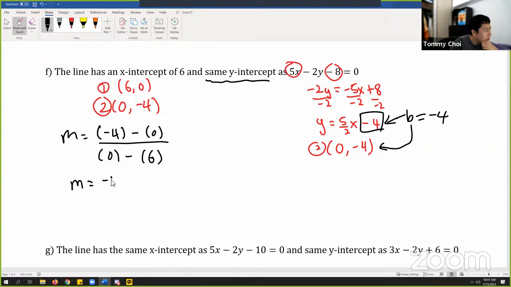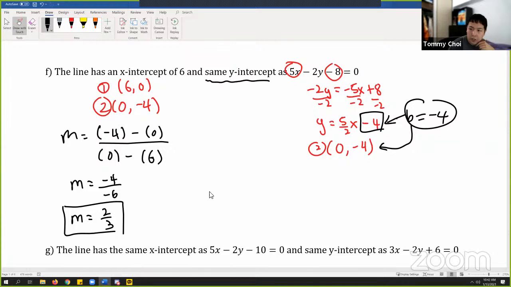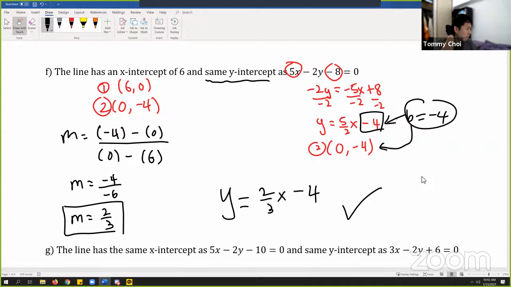In doing so, I will get negative 4 over negative 6, which gives me 2 over 3 simplified. We now have our b value as well as our m value, so the final equation will be y equals 2 over 3 x minus 4. And there's our final equation there.